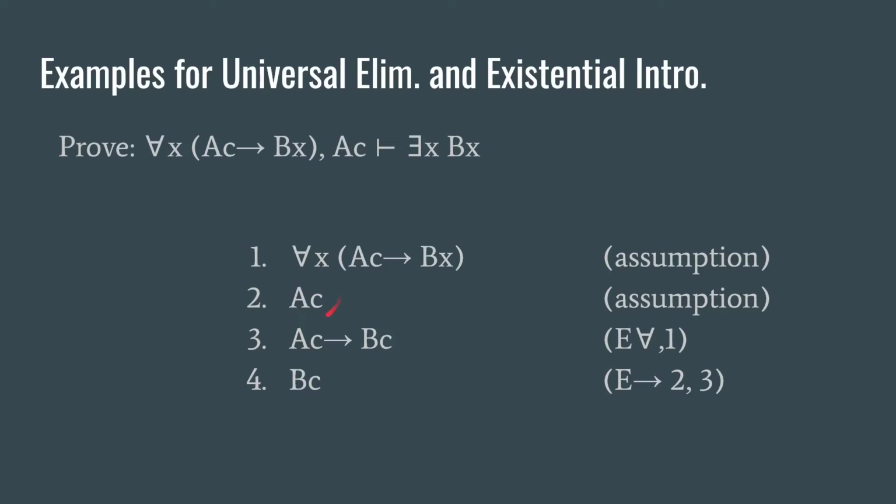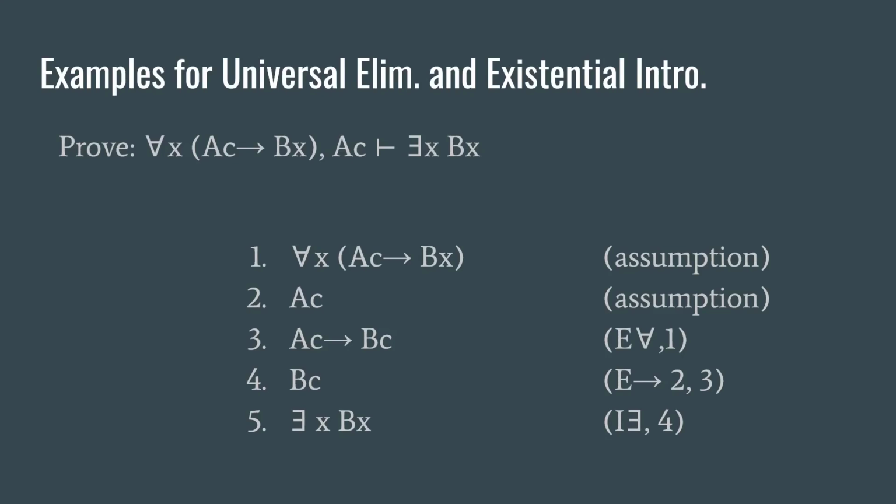Since one of our premises is that AC, we now have the tools we need to use arrow elimination. Since we have the antecedent of the arrow statement on line 2, we can then disconnect the consequent of the arrow statement and write it all by itself on line 4. That was our elimination of the arrow rule. Now we're in a position to use the existential generalization.